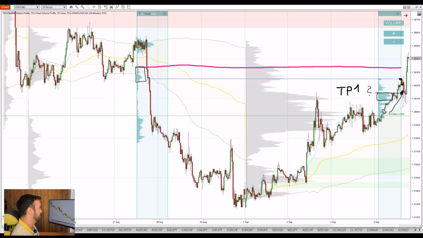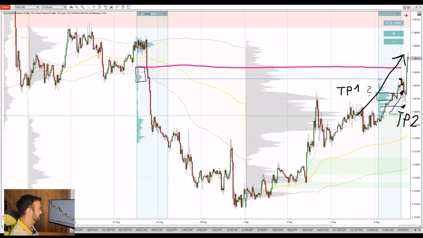Option two, for the second half of the position, could be right here. This is the first deviation of a weekly VWAP, which often works as a support or resistance, especially when the price is trending like it was in here. So the first deviation, that would be option two, right, for the take profit. But as I was saying, I had to quit the trade before the macro news released.